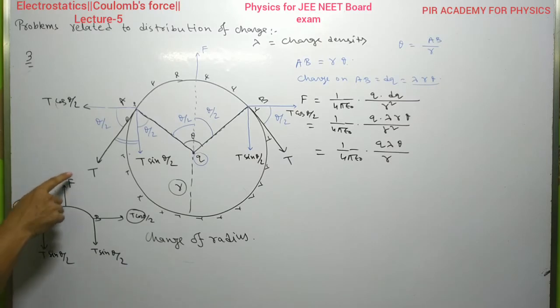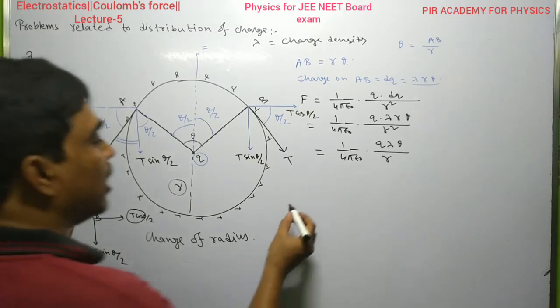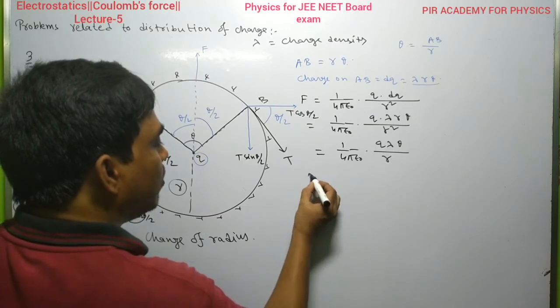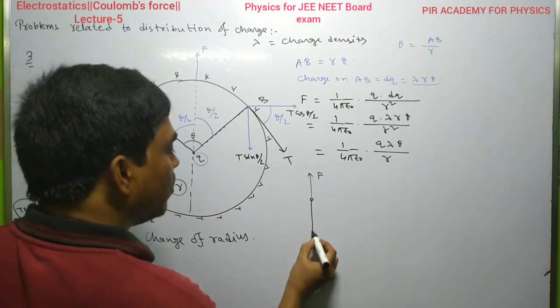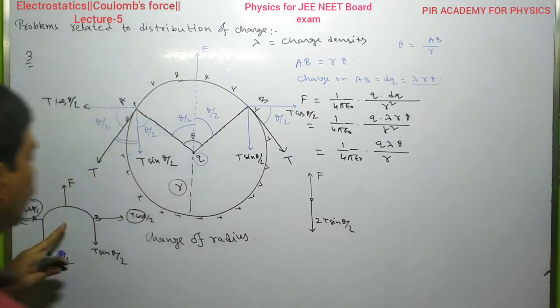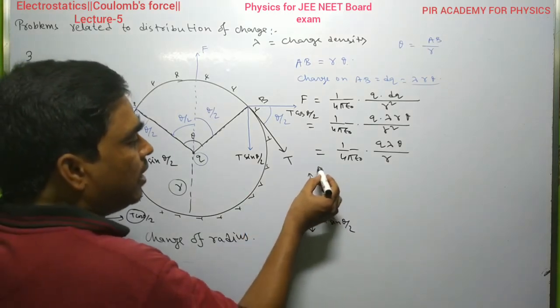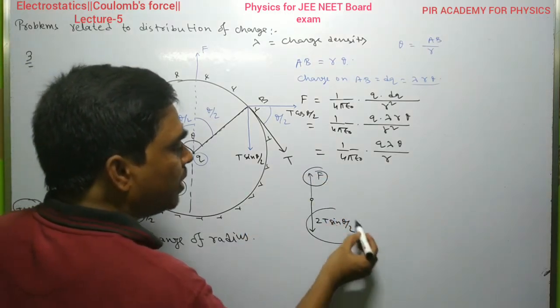So the opposite forces must be equal. In this condition, along this direction is F, and the total force along the other direction will be 2T sine theta by 2. At equilibrium, this and this force must be equal.